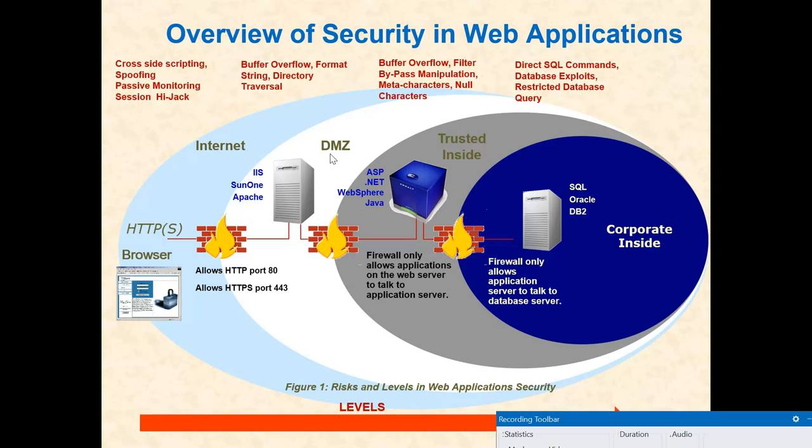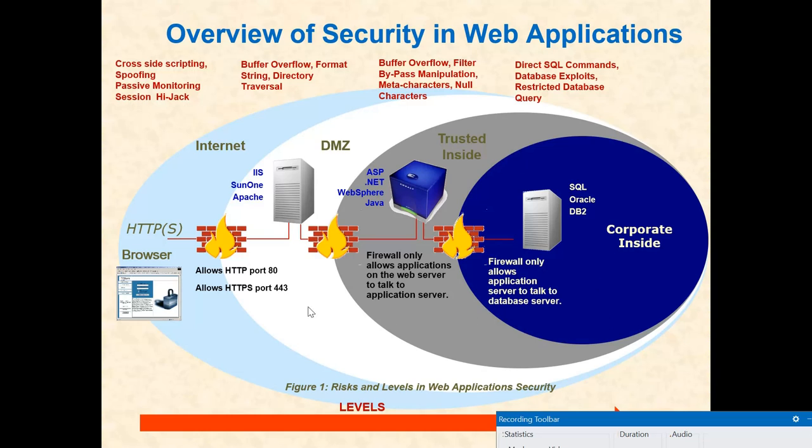So basically, in an organization there will be several sub networks like DMZ, Trusted Inside, Corporate Inside, and for each level there will be a server. Here you may have an application server, a web server, and another we call a database server. For each level there will be a firewall to protect the server or the database server.